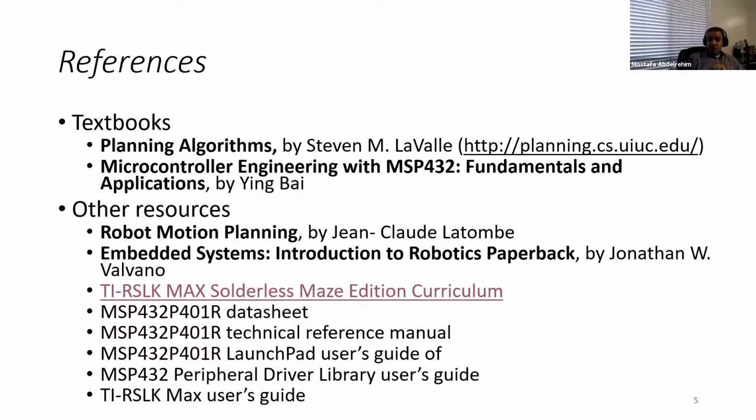There are also other references. Another book in robot motion planning, the lecture part, as I said, and also the book of Jonathan Valvano. He's a professor at UT, University of Texas at Austin. It's just like the microcontroller one. Okay, it's also about MSP432.